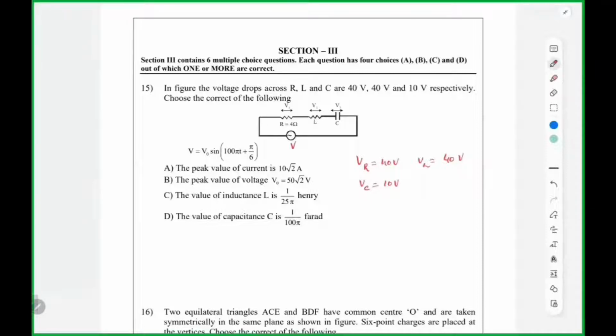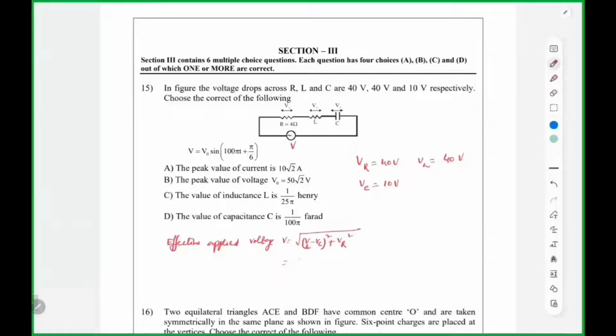The effective applied voltage V equals root of VL minus VC whole square plus VR square.